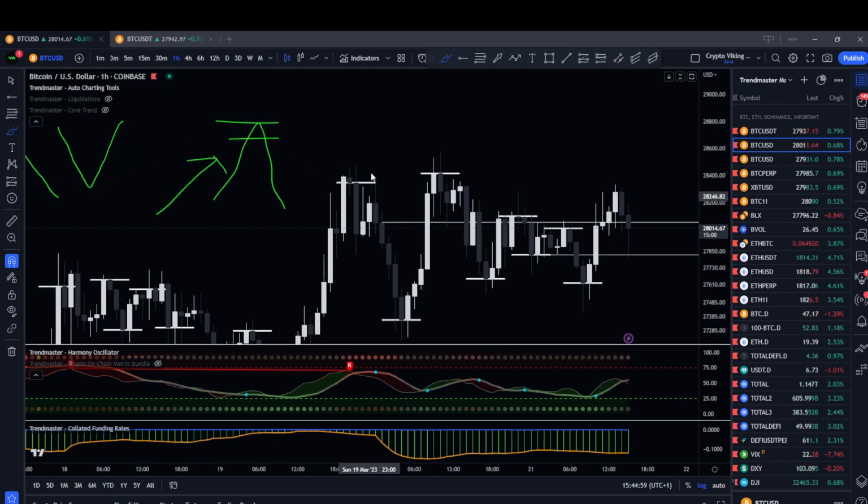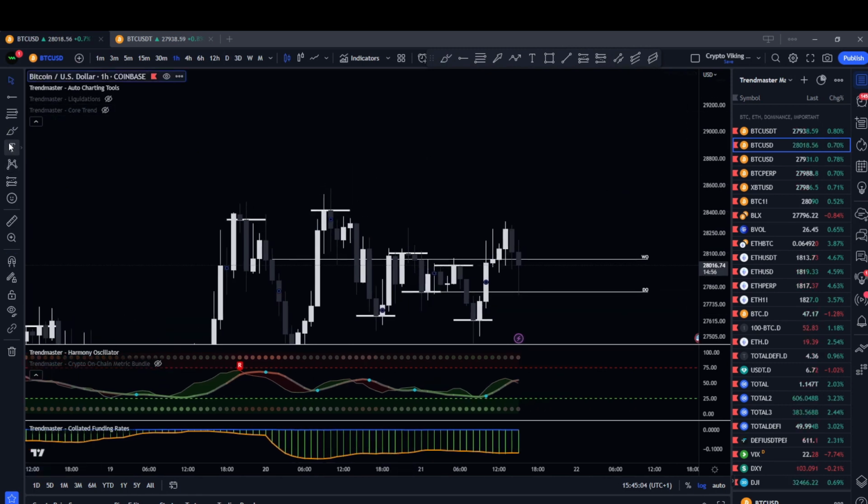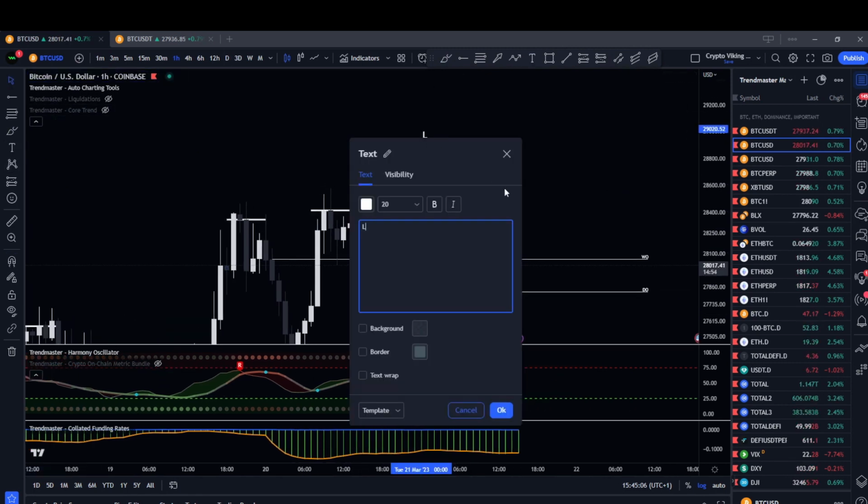So that's the way we're looking at it from that perspective. Because, and I'll just write it out so it's simple, low of the swing test means probability of reversal. High of the swing test means probability of continuation.